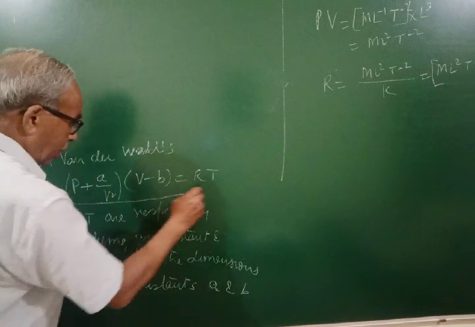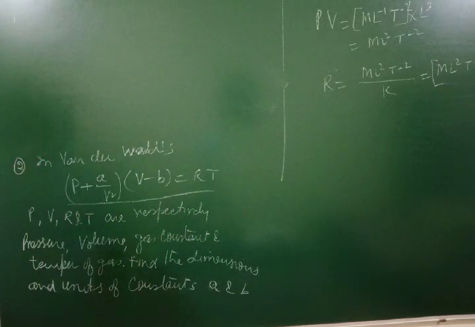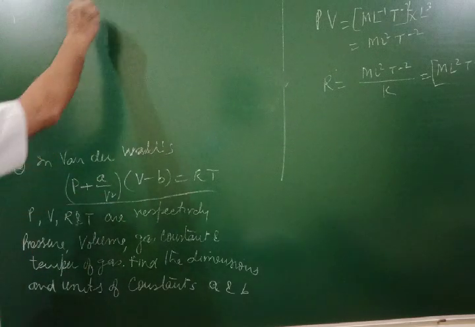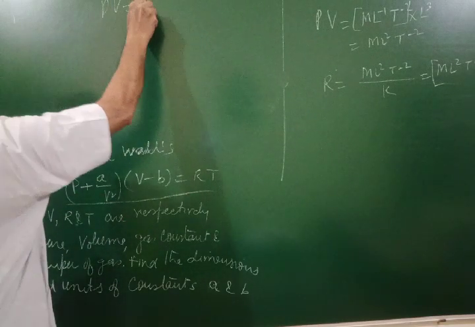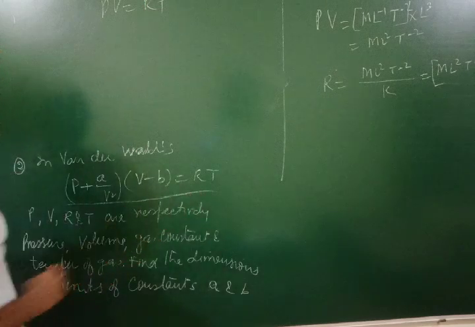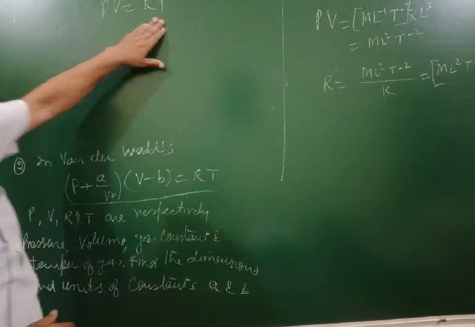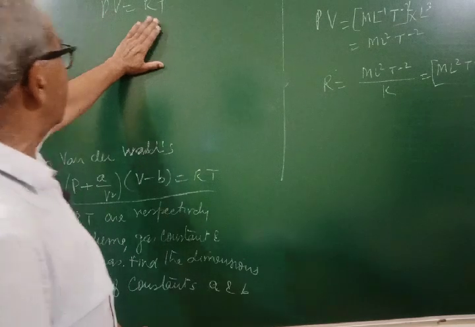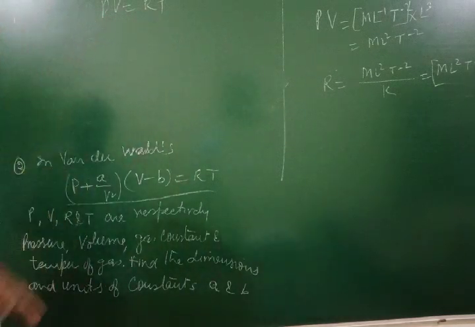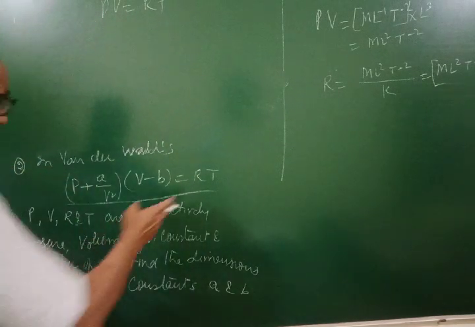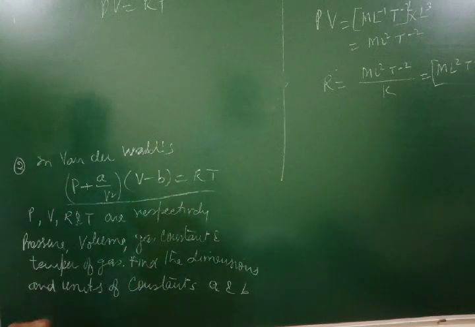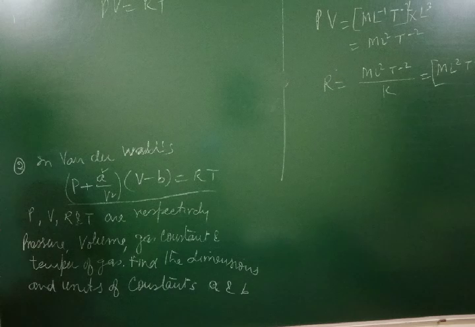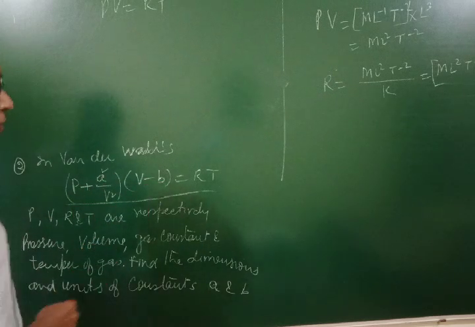Actually, the gas equation PV equal to RT is valid at high temperature and low pressure. And at high pressure and low temperature, this is the equation. So you are asked to find the dimensions of A and B and their units also.